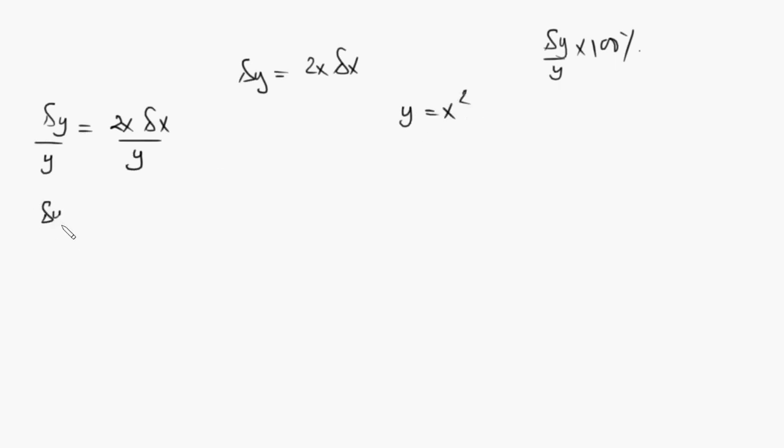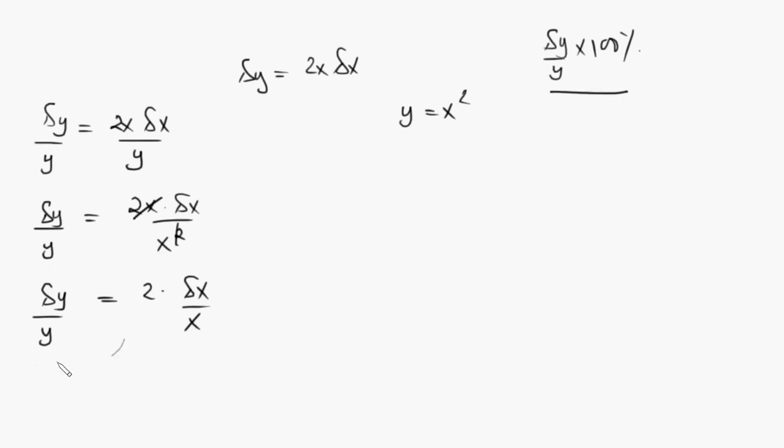So delta y over y is equal to 2x times delta x over x squared. One x goes, and we remain with delta y over y equals 2 times delta x over x. But I'm looking for delta y over y times 100%, which is just equal to 2 times delta x over x times 100%.